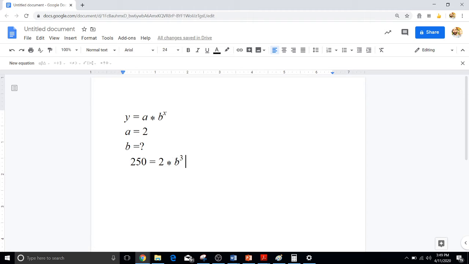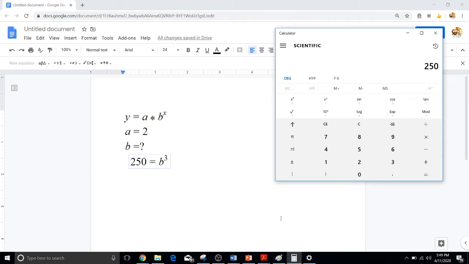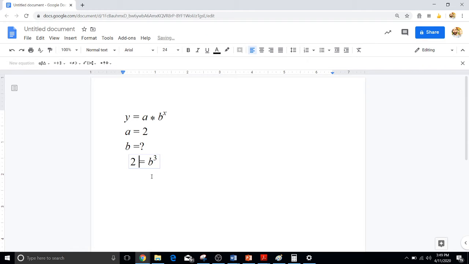Well, in order to get b cubed alone, we have to get rid of this 2. The only way we can do that is to divide, since it's being multiplied. So let's go ahead and divide by 2 on this side, and it will disappear. Now it's gone. And if we divide 250 by 2, let's do that on a calculator. 250 divided by 2 is 125. So let's change this 250 to 125.